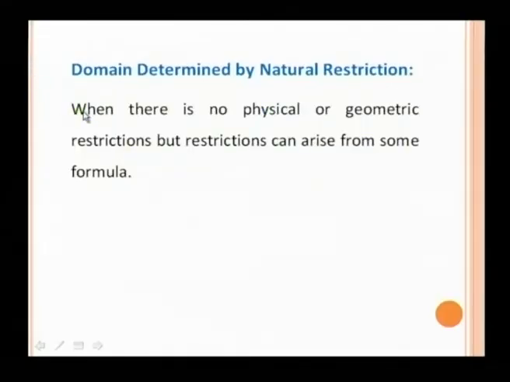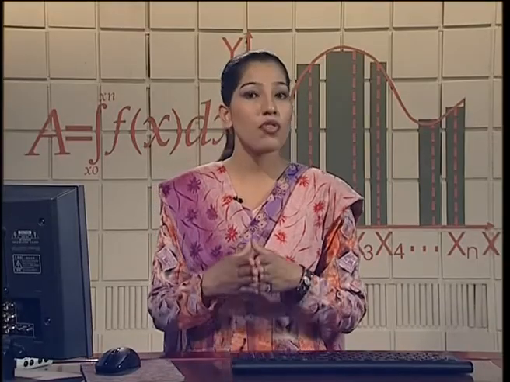Natural domain is the domain when there is no physical or geometric restriction, but some restriction can arise from some formula or naturally. Here we will consider an example which would be helpful to determine the domain naturally. You can see that example on the screen.